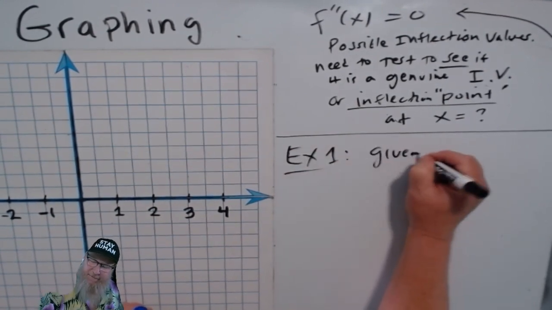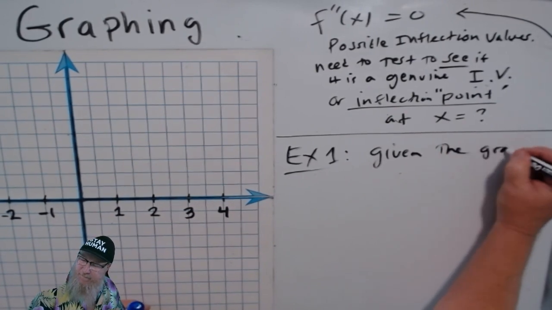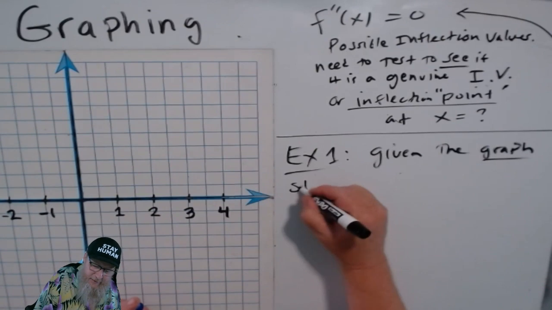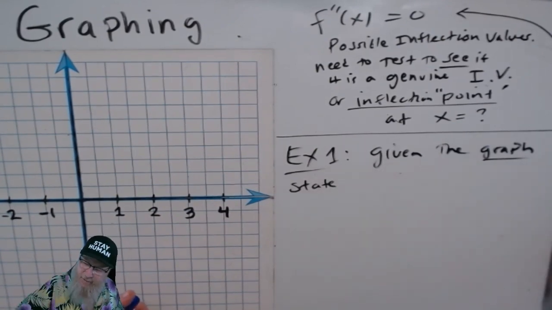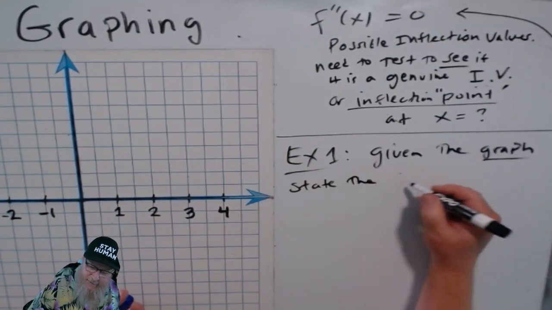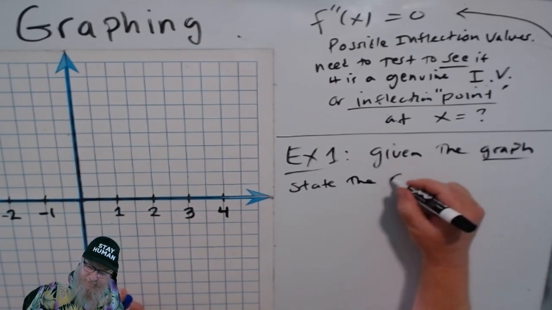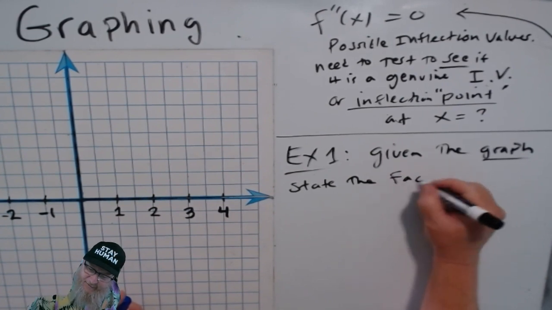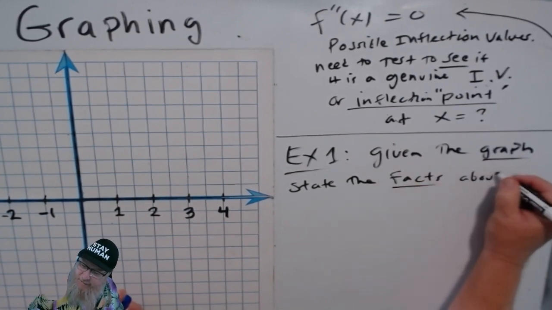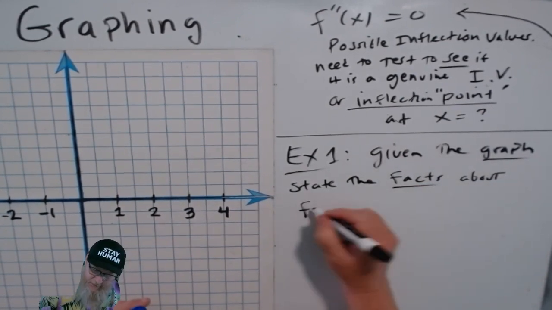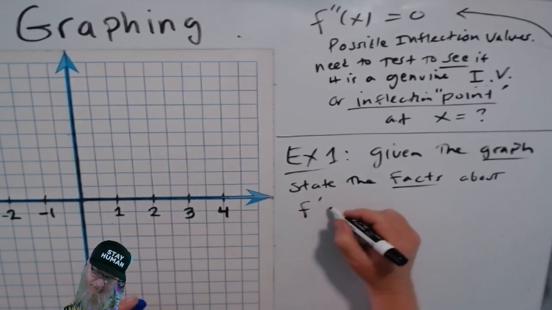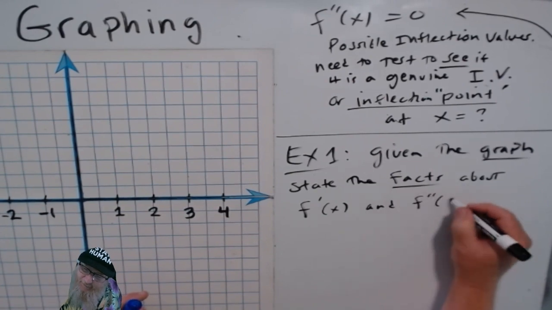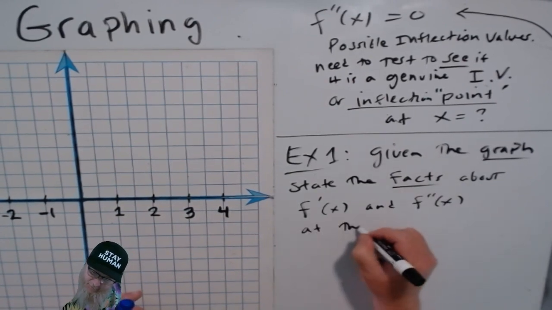Given the graph, state the facts about f prime of x and f double prime of x at the specified point.